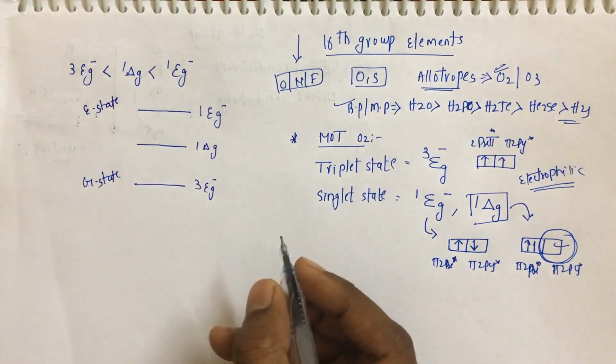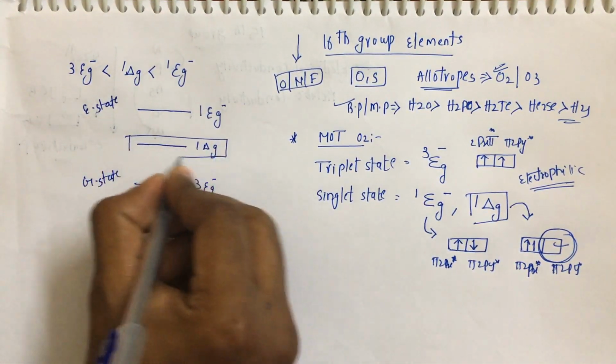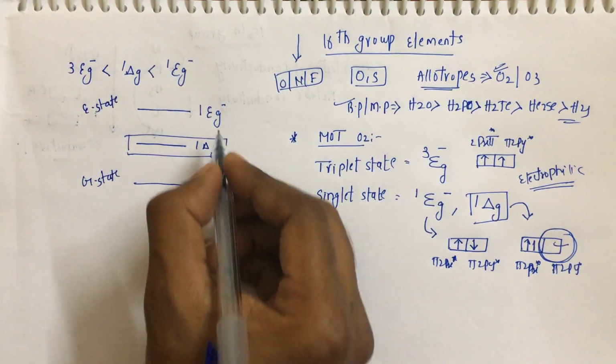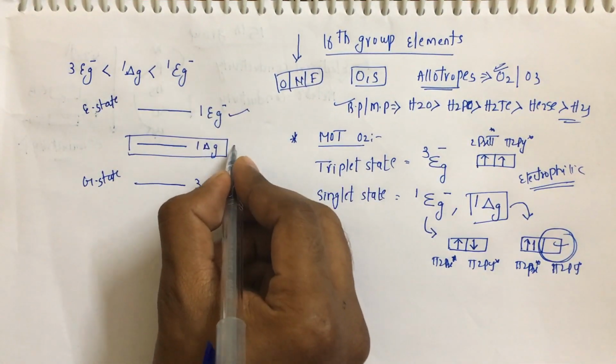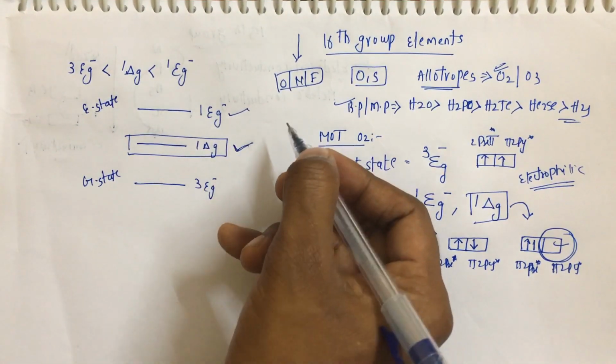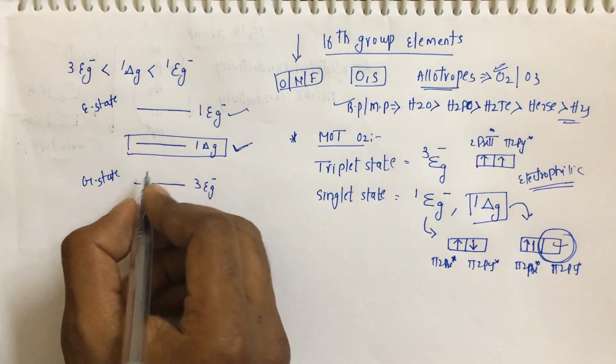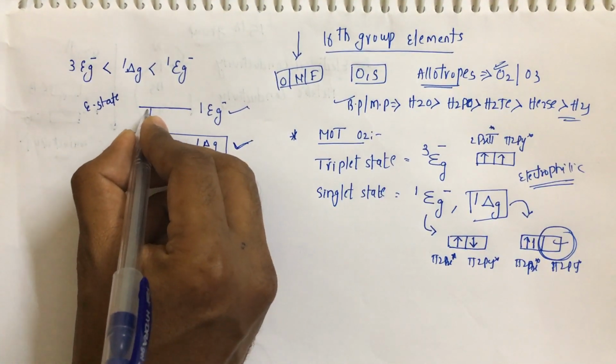Now most of the reactions of oxygen take place from this term only, because this one has high energy and is less stable, and this one also has high energy, but it has a reasonably longer lifetime. Initially the electrons can go from here to here and spend some time here.